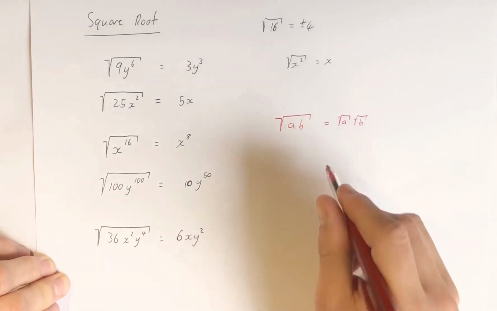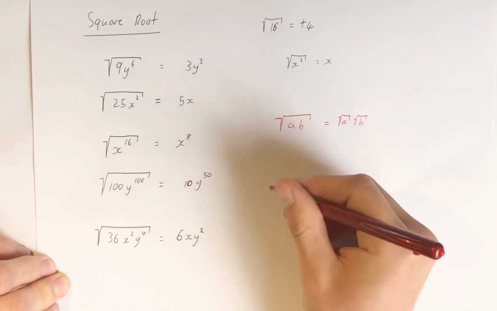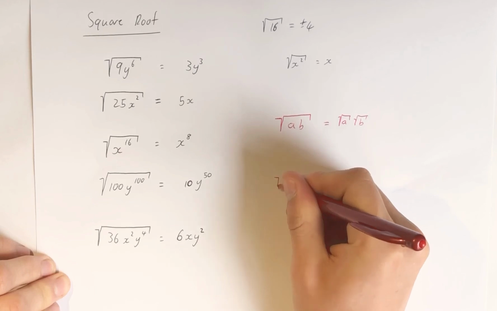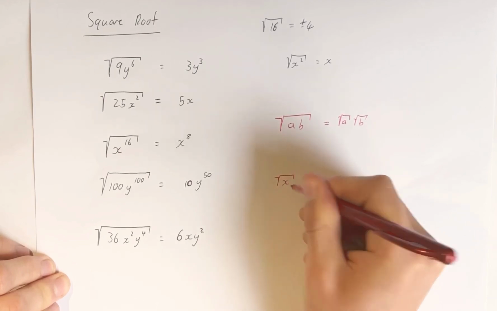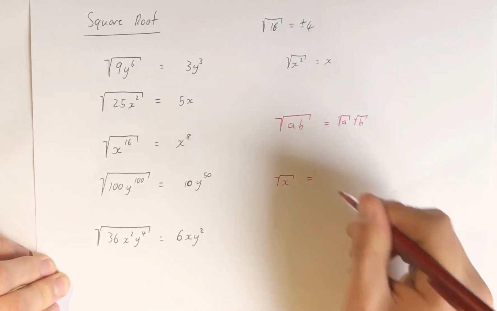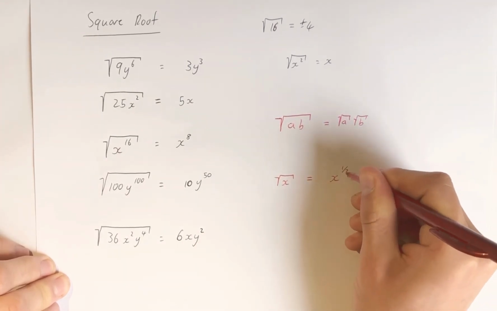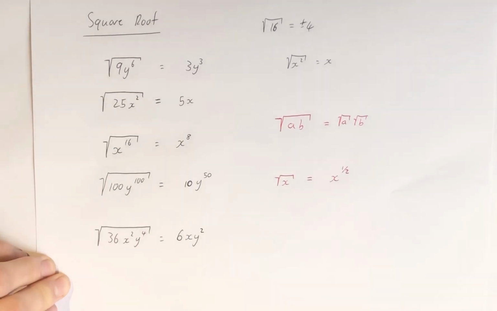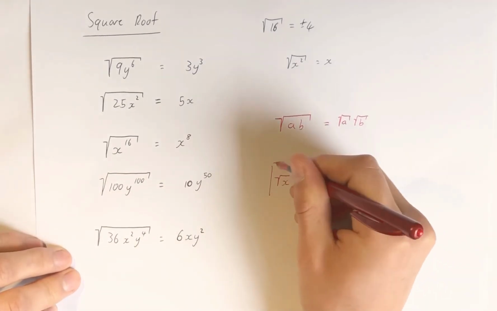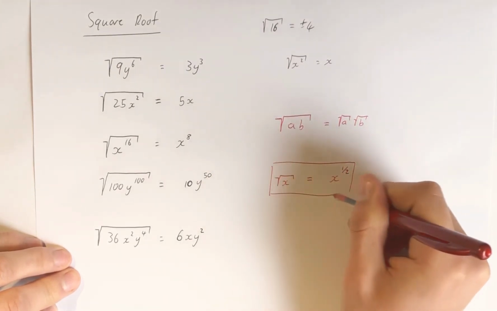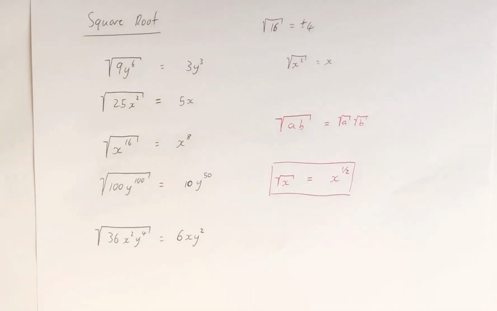The other rule for our square root is that if I square root anything, that's actually the same as raising something to the power of a half. We might come back to that at a later date.